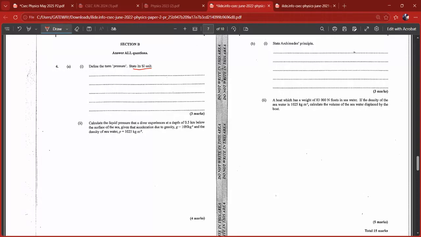So pressure is the force acting over a unit area.